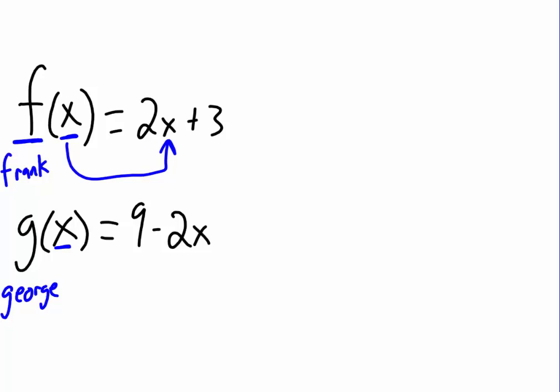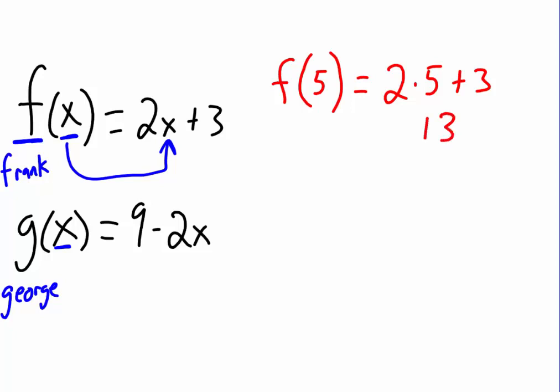And so you decided that you were going to go to Uncle Frank and give him $5. That's what that means. So that means that you are going to go, okay, 2 times 5, because the 5 is going to go in place of the x, plus 3. So that's 10 plus 3, that's 13.